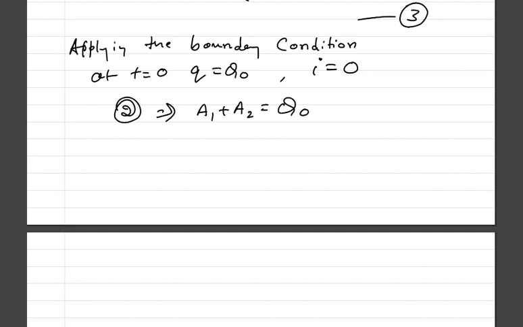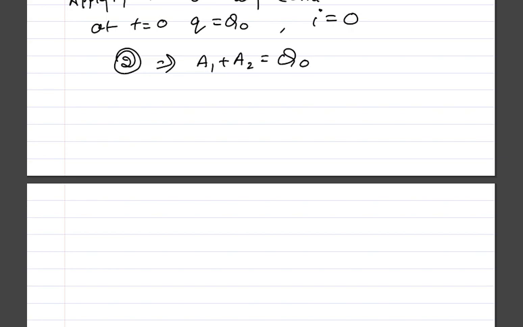It is nothing but the sum of the constants a1 and a2, which is the total charge that was there at the beginning of the experiment when time was 0.